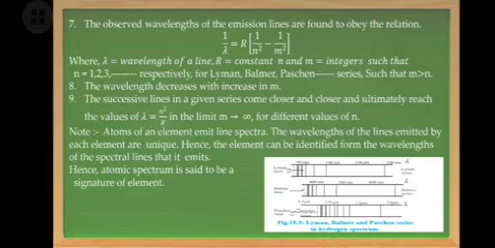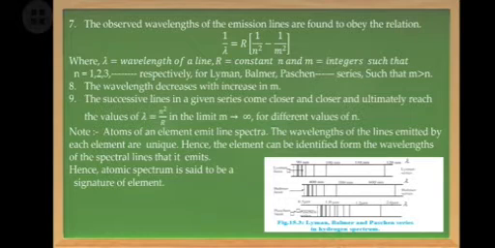Remember this equation. When we want to find out the series limit, we are going to use this equation. And you know that here n is a principal quantum number which is equal to 1, 2, 3 and 4. Again I am repeating, for Lyman series n is equal to 1, for Balmer series n is equal to 2, for Paschen series n is equal to 3, for Brackett series n is equal to 4 and for Pfund series n is equal to 5.